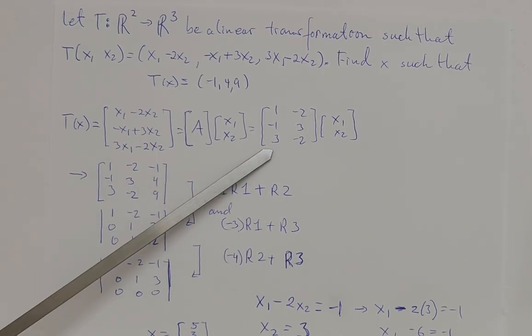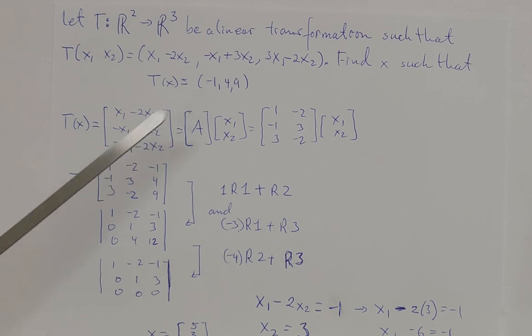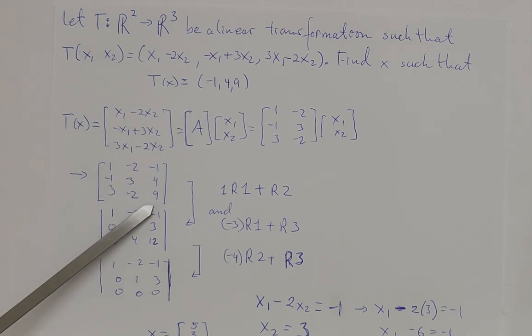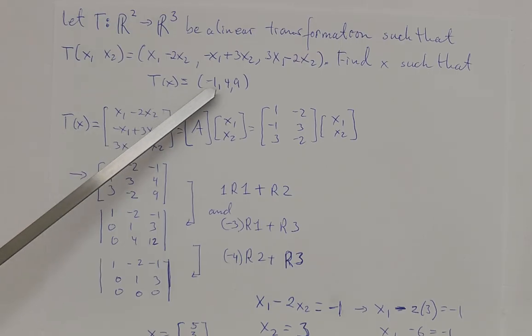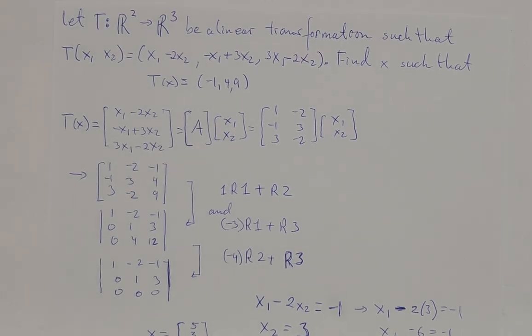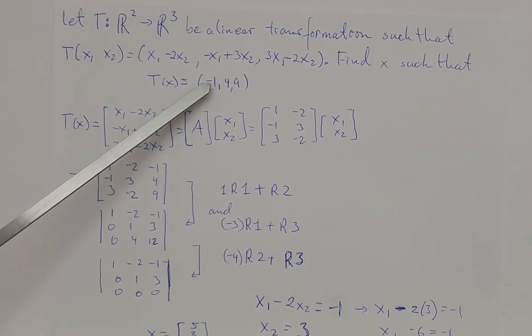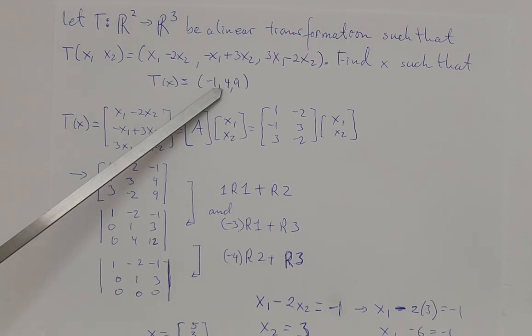So this is our matrix A. Using this information, -1, 4, 9, we find the solution. Okay, so our objective is to find the solution from here so that it will come out to be -1, 4, and 9.